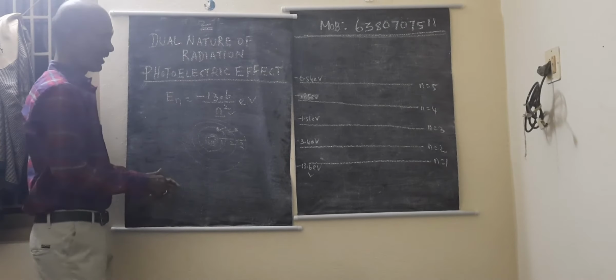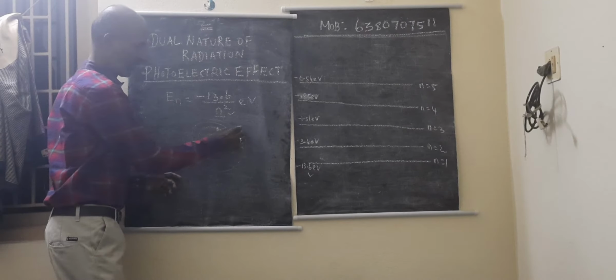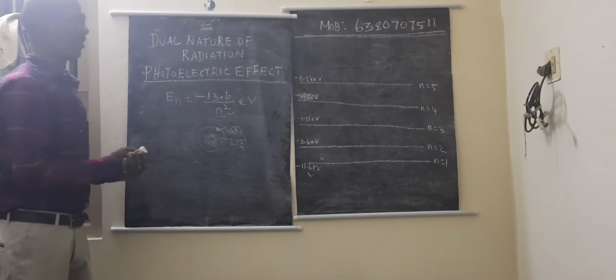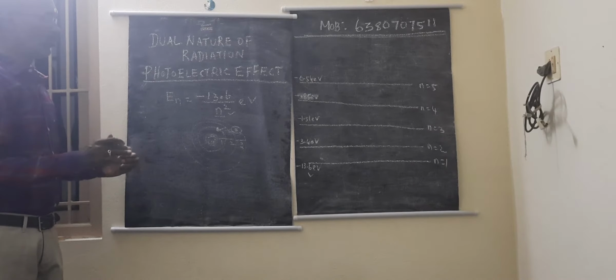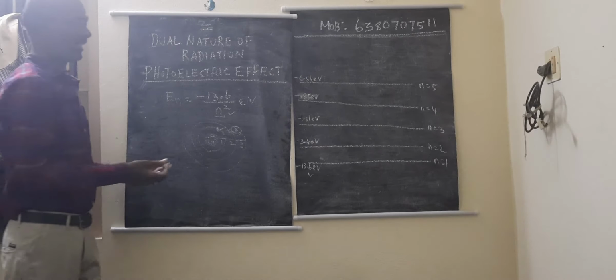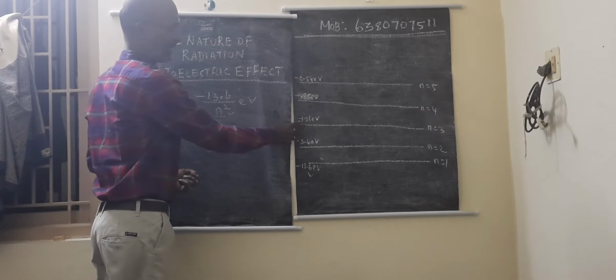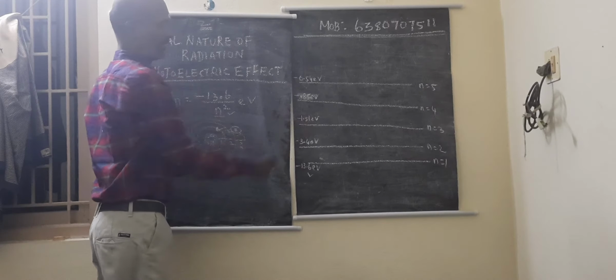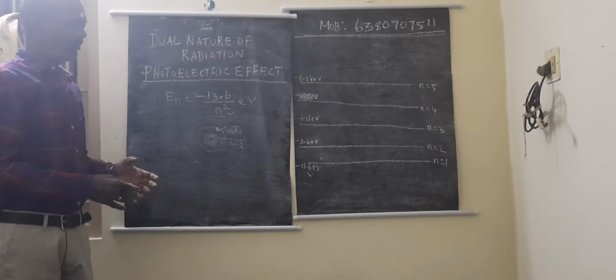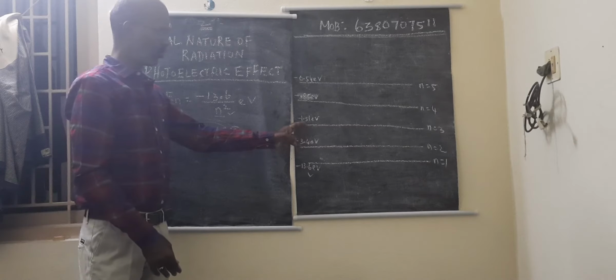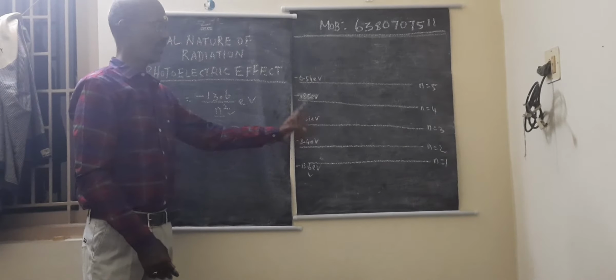So to remove an electron from the third level or third orbit, we have to supply an equivalent amount of this energy in magnitude value, equal to 1.51 electron volt.